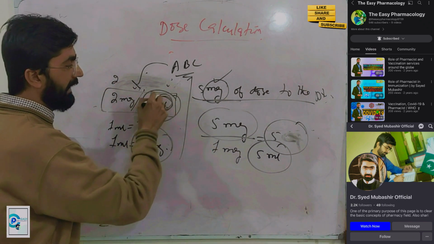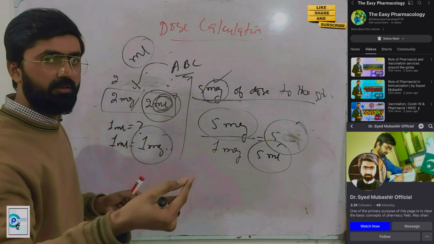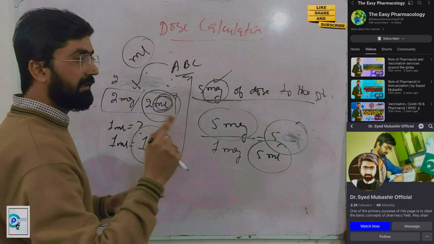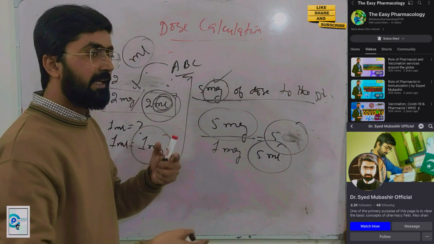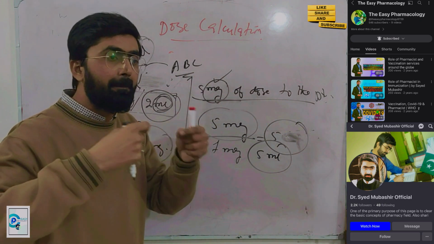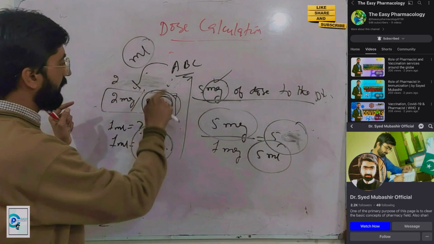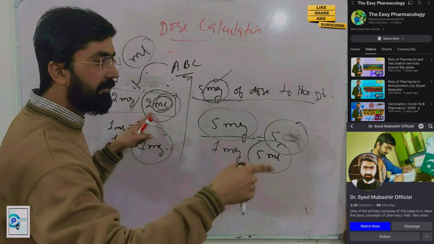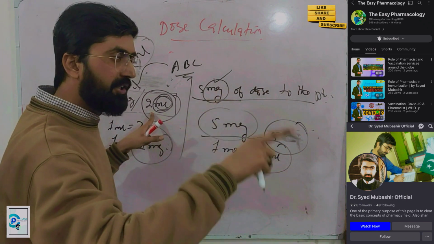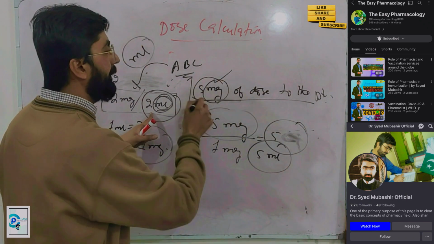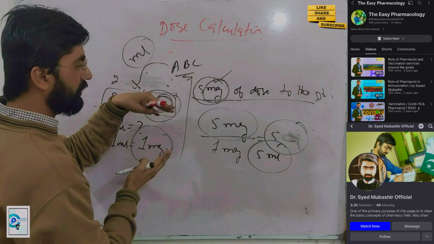Injectables are available in ml, but the doctor has prescribed the dose in milligram. So to calculate how much ml of that ampoule should be given to the patient so that the patient gets the prescribed milligram, we are going through these steps.